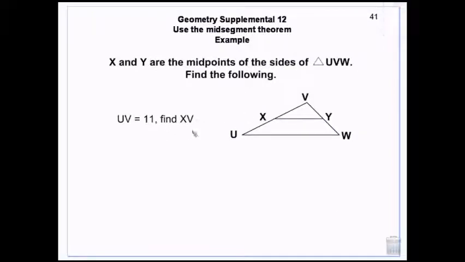All right, so if UV is 11, that's this whole part right here. What's XV? And XY?